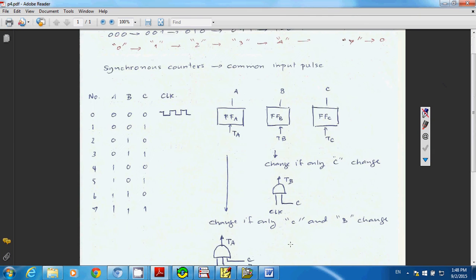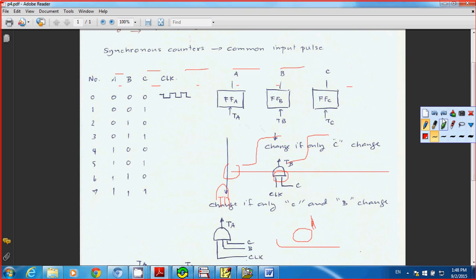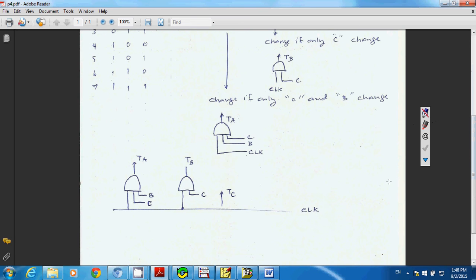Okay, for this one I have your TA input. You need a 3-input AND gate. One is from C output, one is from B output, and one from clock. Well, if you understand this part, let's move to the truth table.